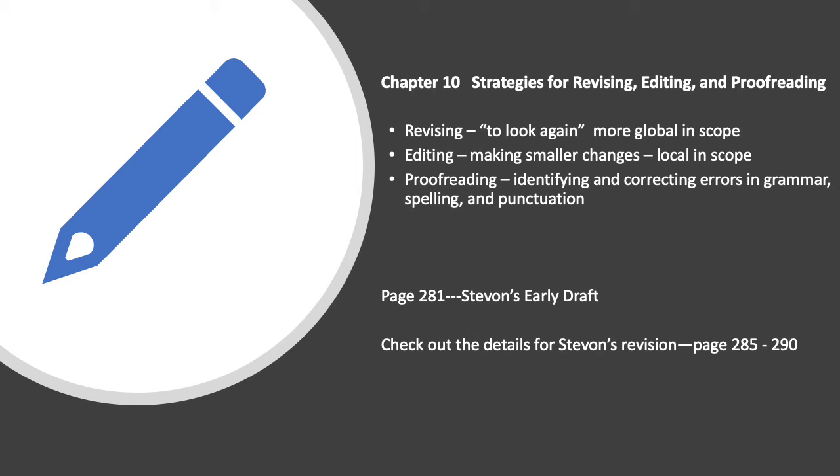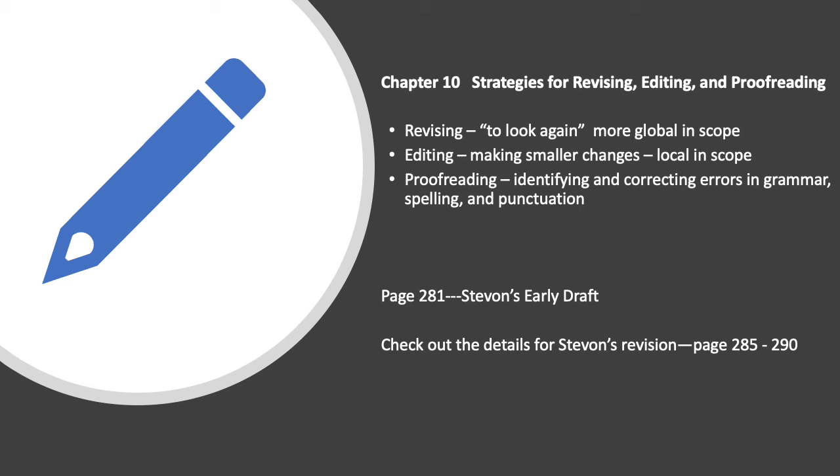Proofreading is what we typically do at the very, very end of a project, right before we're going to turn it in. And the word proofreading comes from even back in the old days of the printing press. And so they would set the type, and then they would print a proof to make sure that everything looked good. Were the letters in the correct order? Had they put in the correct pronunciation?